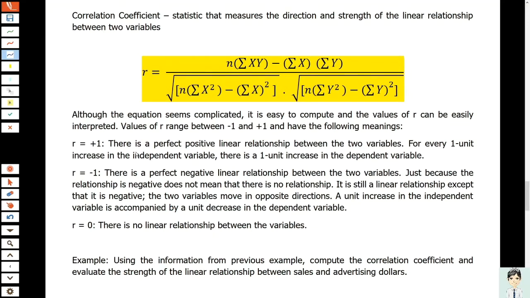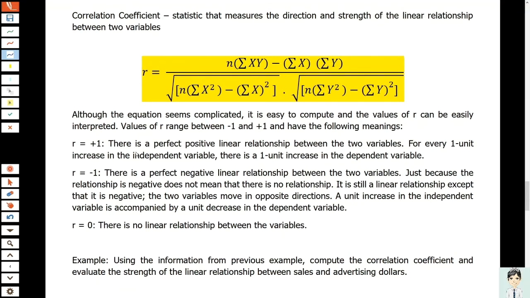So sa R -1 naman, if R is equal to -1, there is a perfect negative linear relationship between the two variables. Just because the relationship is negative does not mean that there is no relationship.